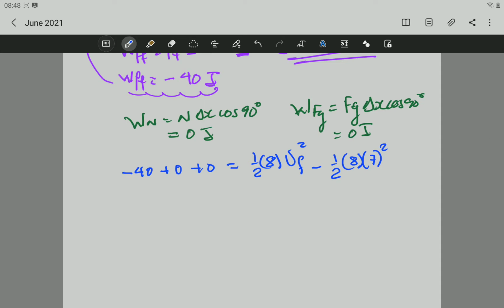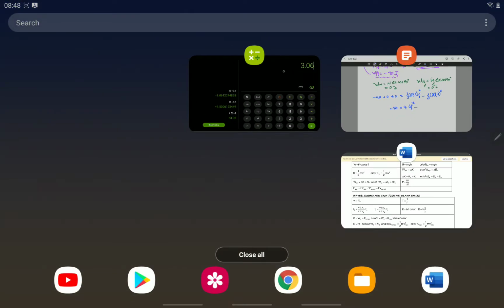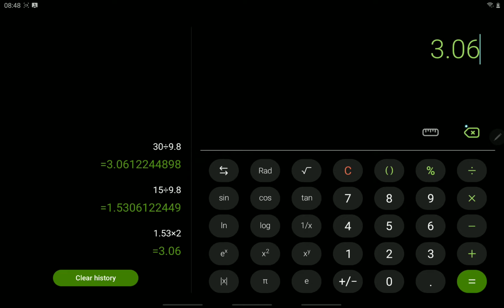Let's do it step by step: minus 40 equal to 8 divided by 2 is 4, multiplied by the final speed to the power 2.